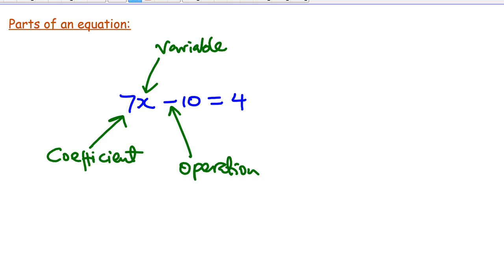An operation can be the addition symbol, subtraction symbol, division, multiplication, any of those. And then 10 and 4 here are constants. And of course you have an equal sign.